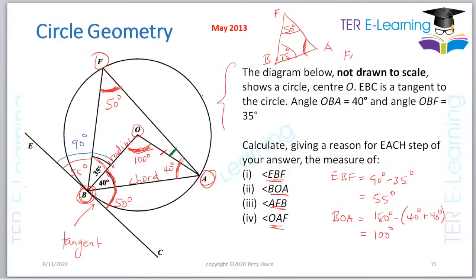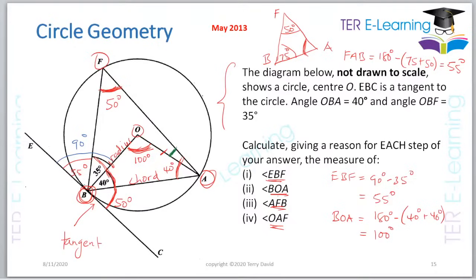So FAB is equal to 180 minus brackets 75 plus 50, right? That will give us 55 degrees. So the whole angle is 55.